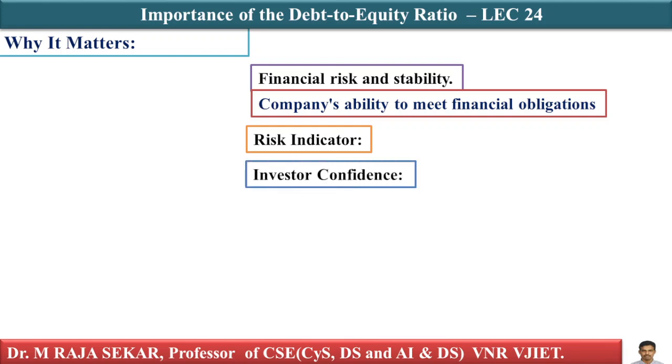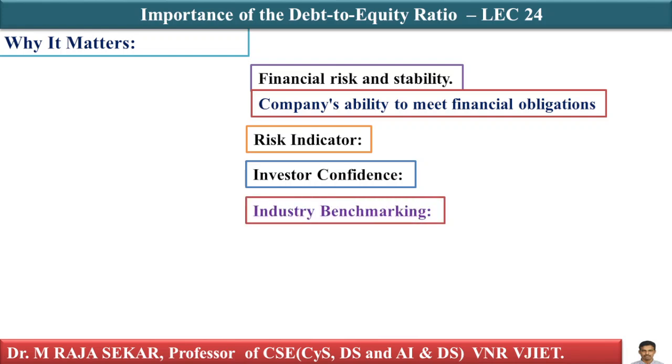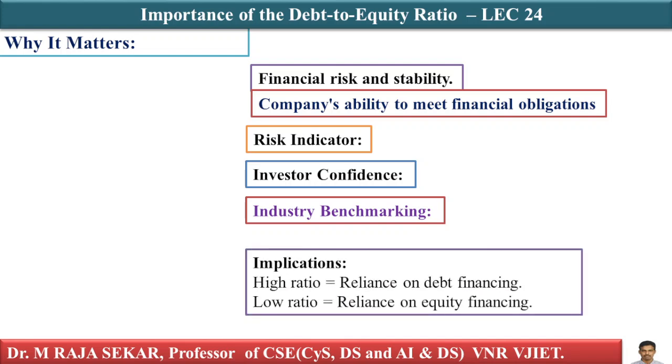Investor confidence: low D by E, low debt to equity ratios may attract conservative investors. Industry benchmarking: it helps compare companies within the same industry. What are the implications? High ratio means reliance on debt financing, low ratio means reliance on equity financing.